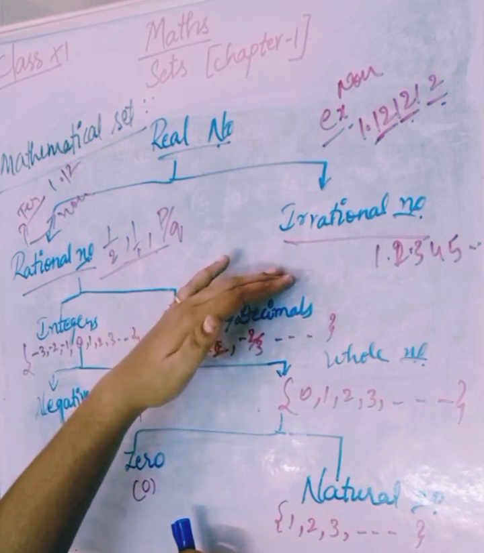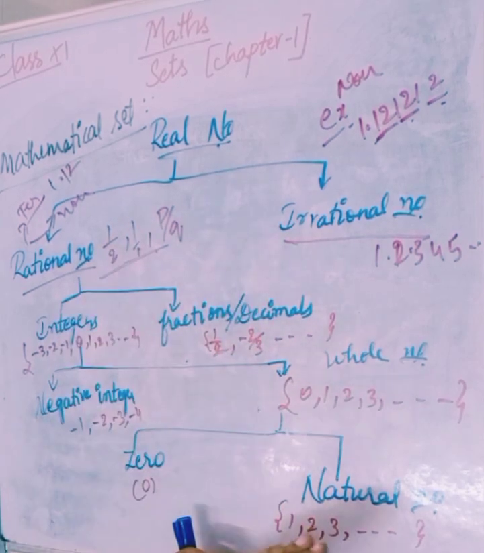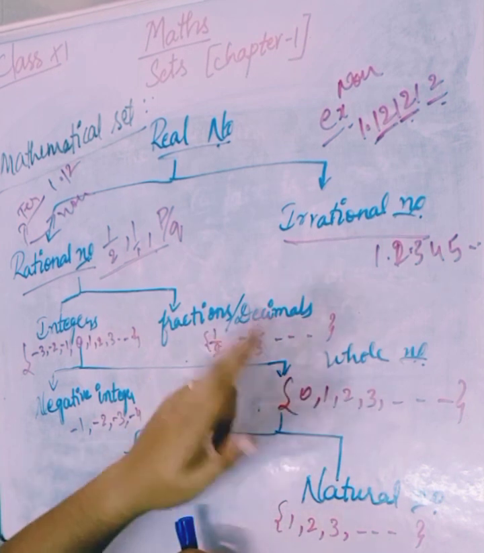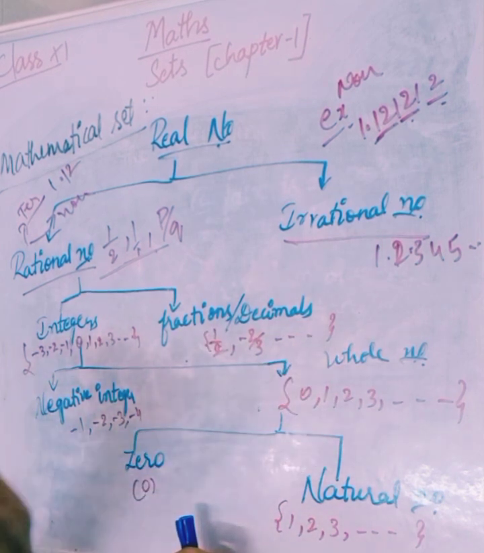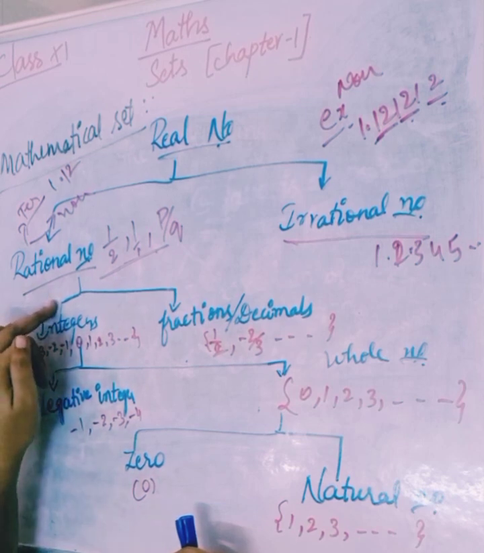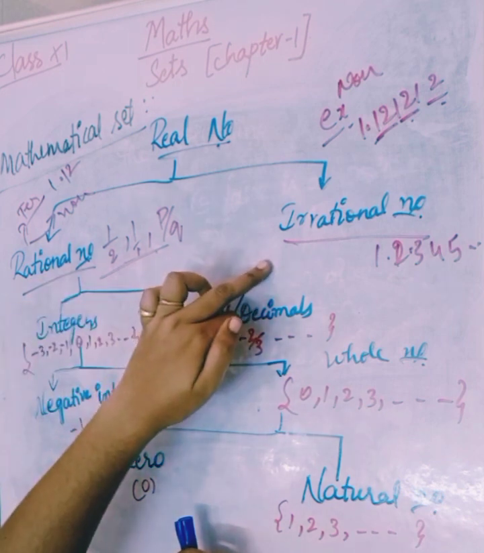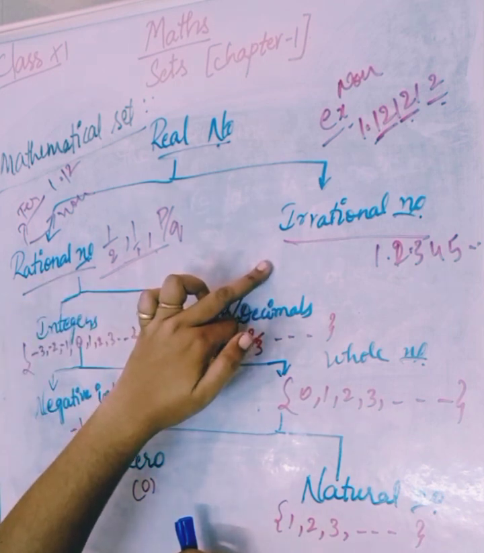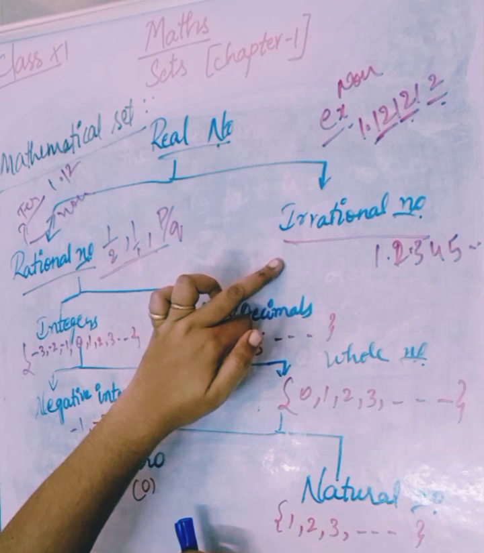Irrational means if we divide, it will not end in one place; it will extend and won't have repeating digits. The exact definition: rational means it is in the form of p by q, where q is not equal to 0. Irrational means it is not in the form of p by q, where q is not equal to 0.